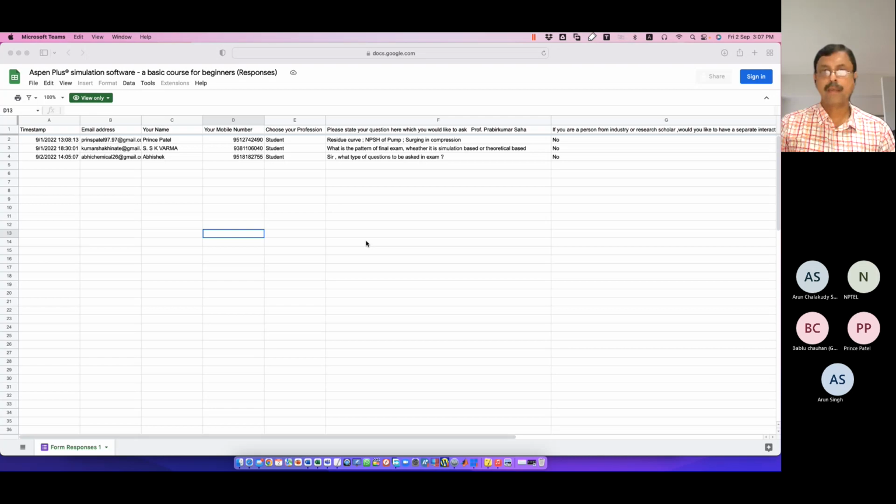But part B, you have to have the software and you have to perform the simulation, and then only you will get the answer. So in the final exam, all the questions will be in the pattern of part A, not part B. So you don't need any simulation software. All the information will be given in the question paper. You have to answer from there.